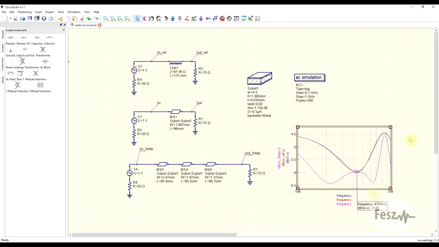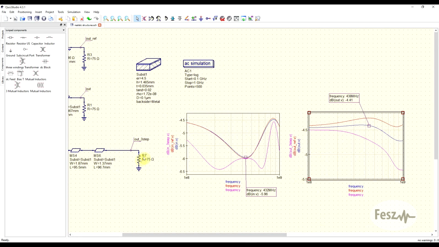And if we look at the response on the input side, so on the signal source side, we can see that all of them are providing impedance matching at the same frequency. So we see our -6 dB point. However, if we look at the output side, all 3 of our transformers are giving different peak response values. The largest output amplitude, the one in red, is coming out of our ideal transformer, and the smallest one in pink is coming from our 3-stepped transformer.